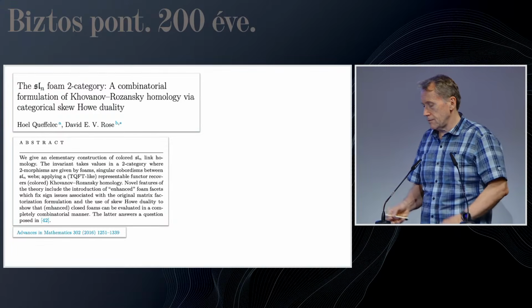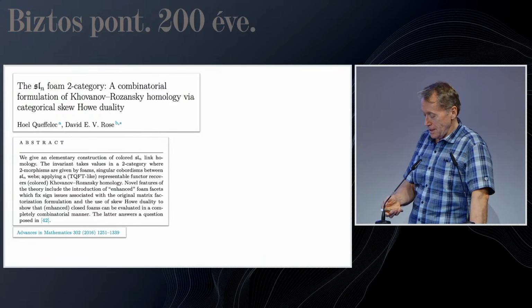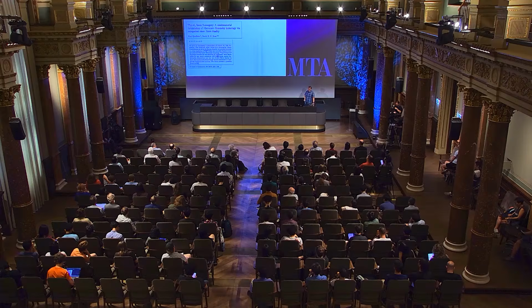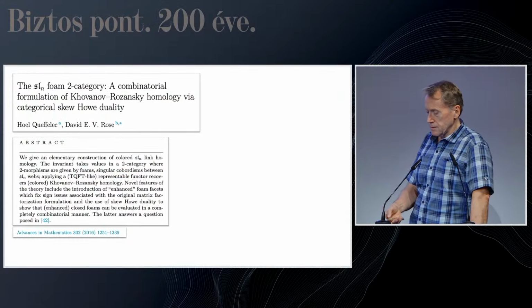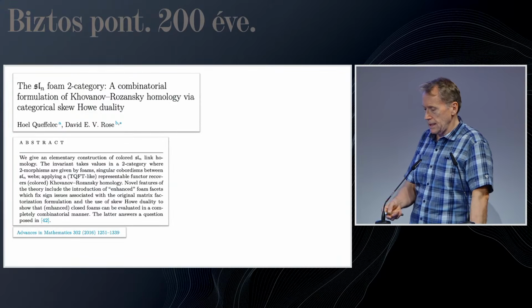So the kind of drumbeat of thinking about webs and foams kept going. There are some beautiful papers of Kronheimer and Rose where they give a different construction of Khovanov-Rozansky homology using webs and using foams in a more interesting way.